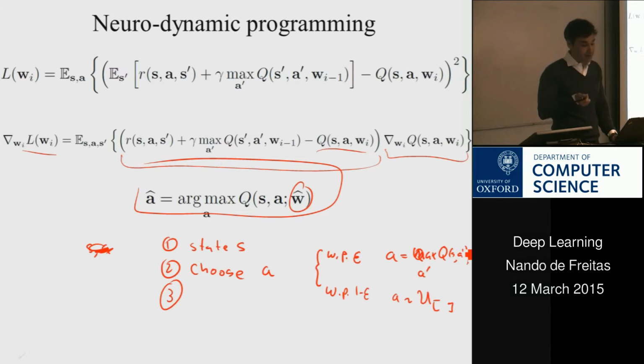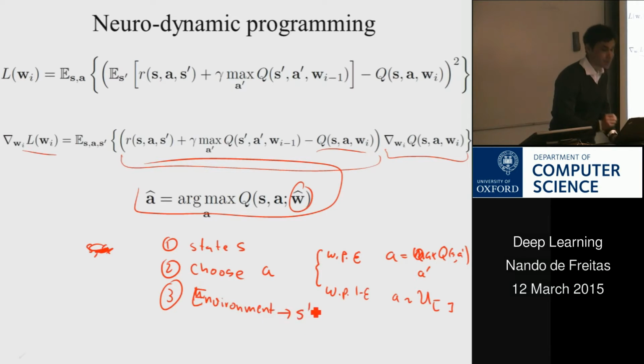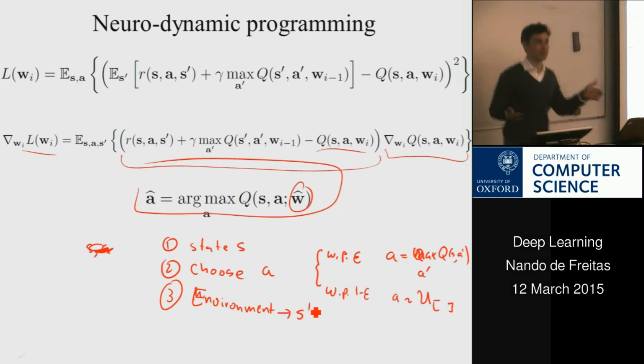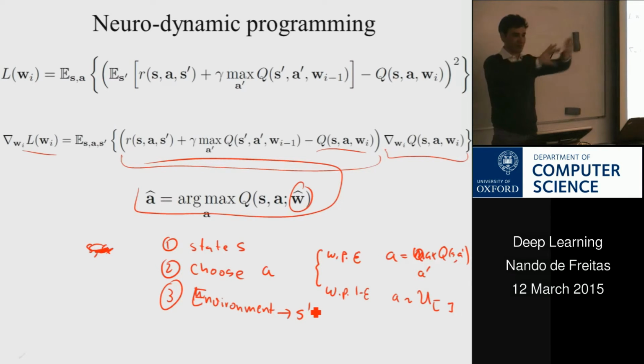Once you have chosen a, so you have s, you have a, then the environment gives you s prime, right? So you're in a particular state in the world, you take an action, and the environment changed. Now the image is a little bit small.